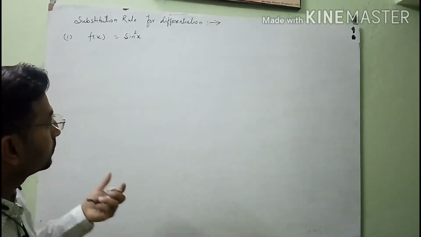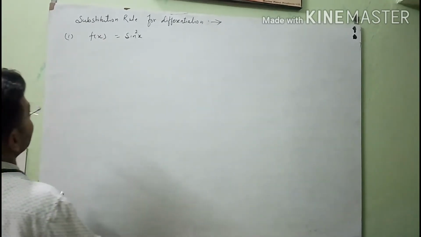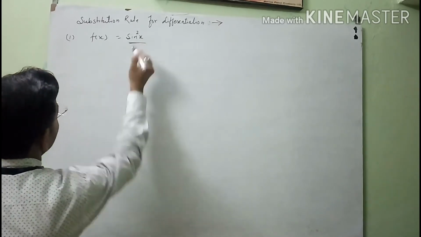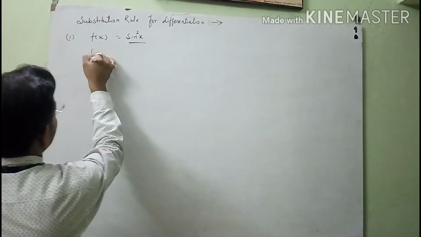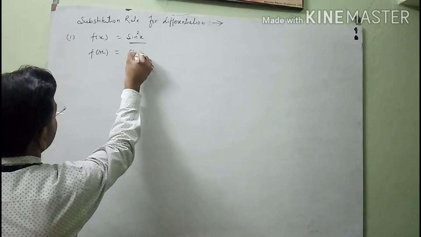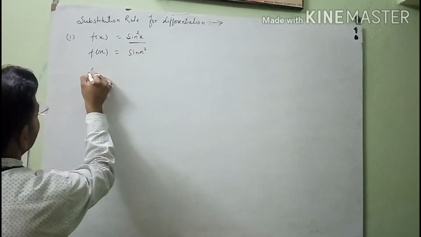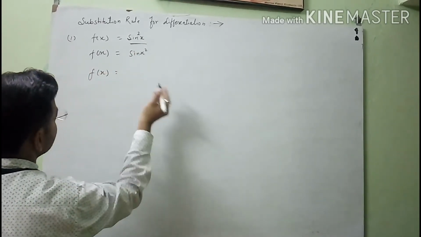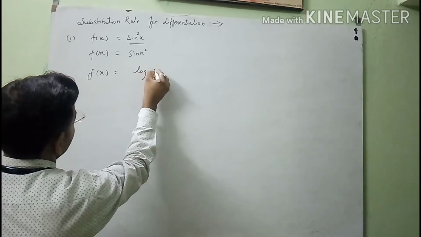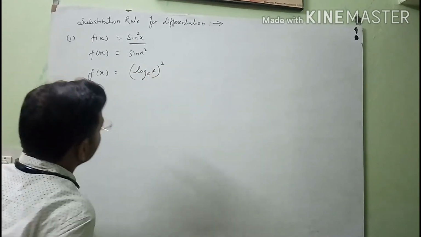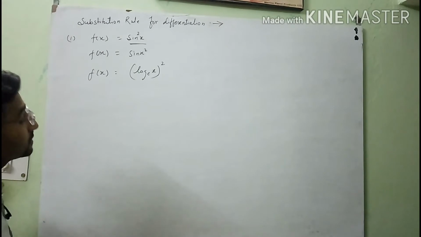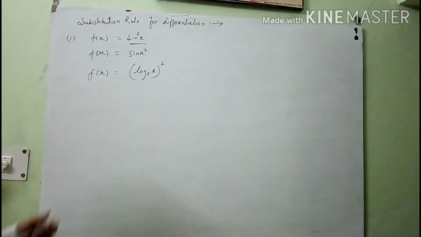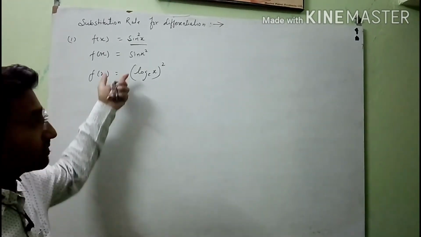What we will do when the function is in the form of sin x square, or log e x raised to the power 2, then how will you solve this type of question? You can solve this type of question with the help of substitution.